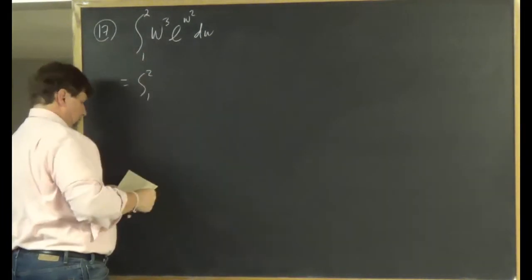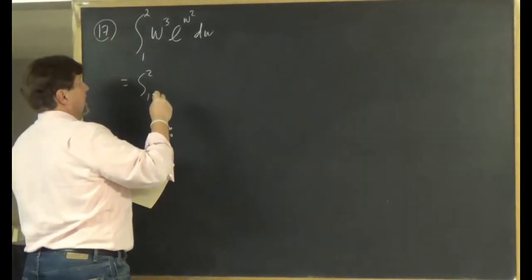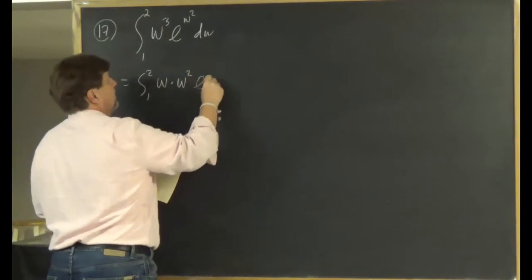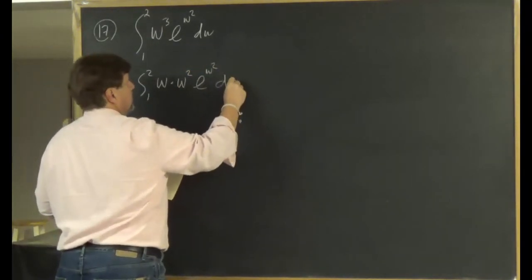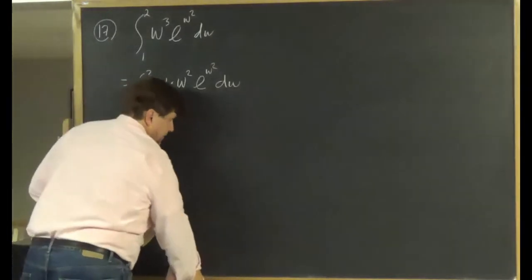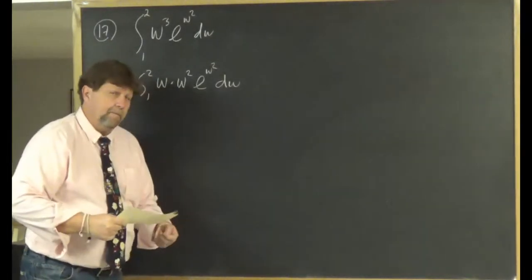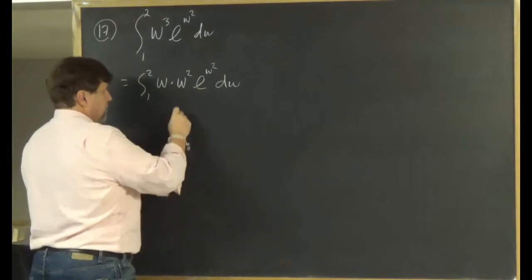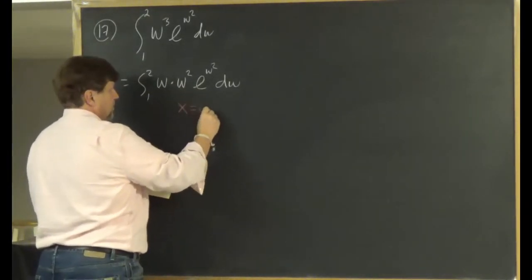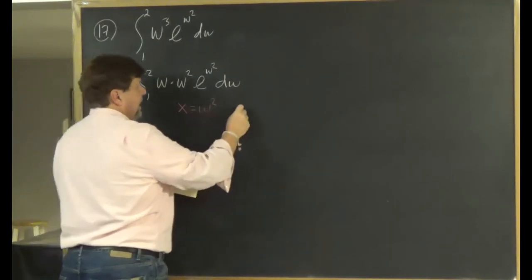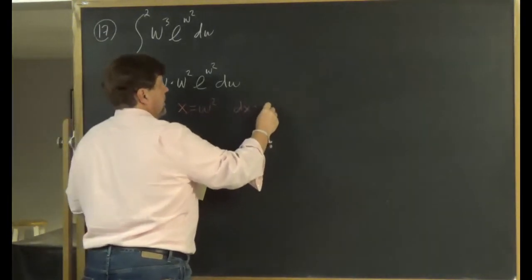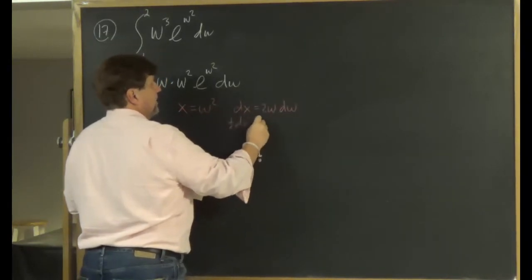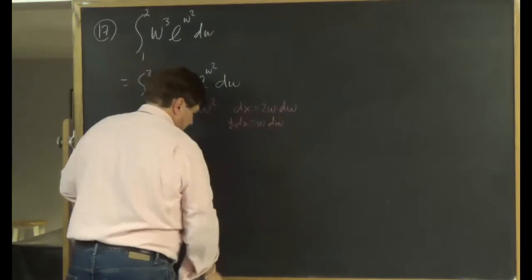I'm going to rewrite the w cubed as w times w squared. Okay, here's why I want to do that. If I let x equal w squared, then dx is 2w dw, or 1/2 dx is w dw.